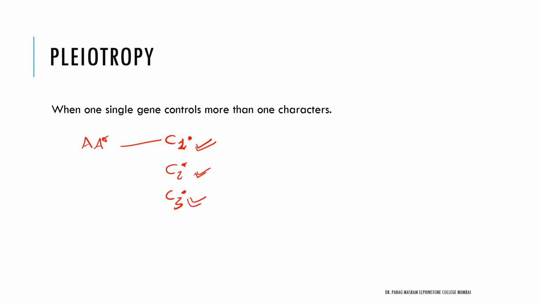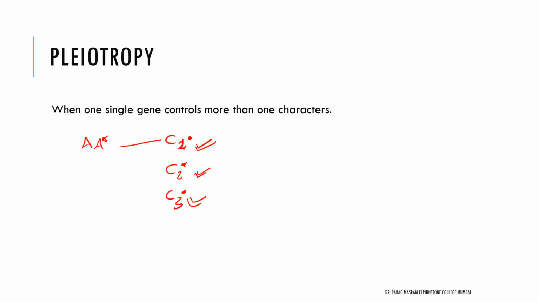For example, in Drosophila, the gene which is controlling the wing shape undergoes a small mutation, and this happens when the gene comes in the homozygous condition and expresses itself.